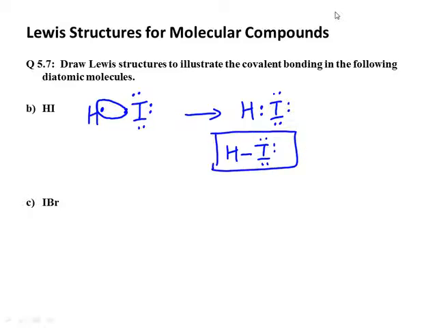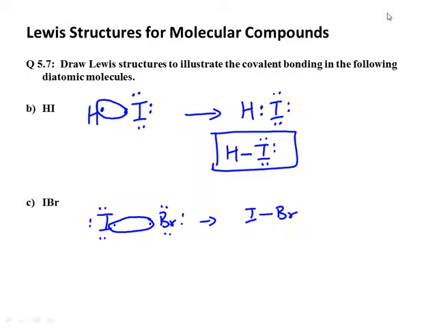IBr, once again, the same process. It's always a good idea to start with the valence electrons on each of the atoms. Iodine, group 7A, 7 valence electrons. Bromine, also group 7A, and hence also 7 valence electrons. They share 1 electron each and make a bond between the two.